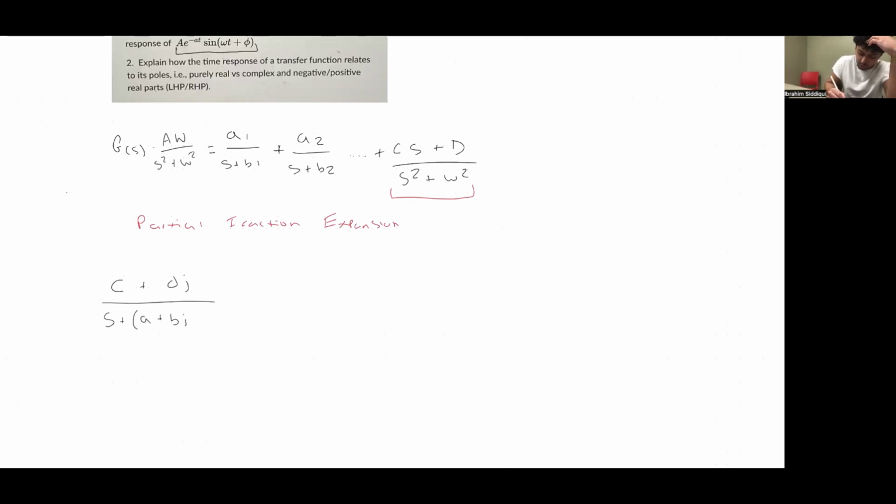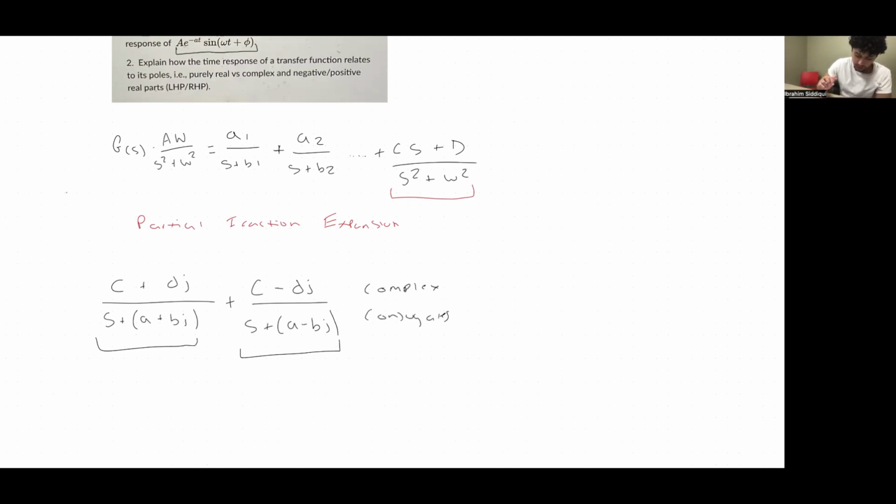Again, we're doing a partial fraction expansion. So this is going to be added by C minus Dj over s plus a minus bj. Essentially, these are both our complex conjugate pairs that we have here. So I'm just going to go ahead and note that they are complex conjugates, and then we can move on.